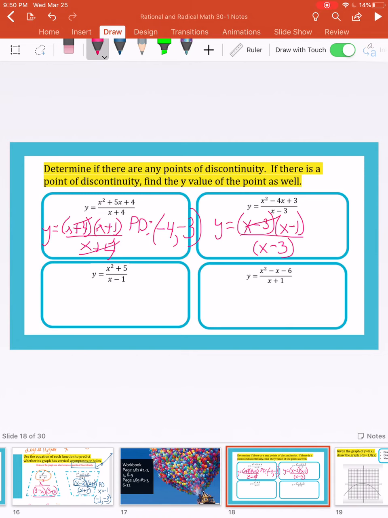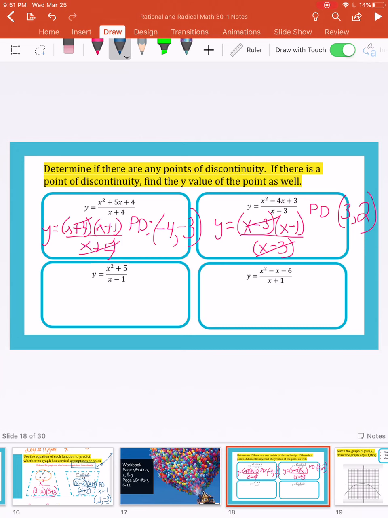The x minus 3's cancel out, so that means my point of discontinuity would be when x is 3. And again, to find that y value, you just substitute the 3 into whatever's left in your equation. So I have an x minus 1 left over after I canceled those common factors. 3 minus 1 gives me 2. So my point of discontinuity would be when x is 3, y is 2.